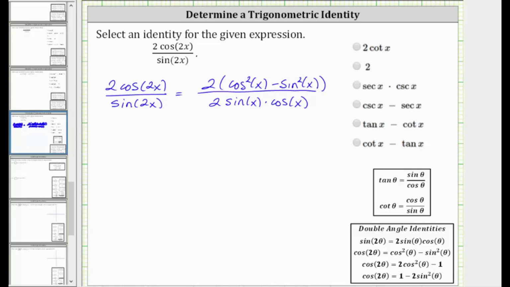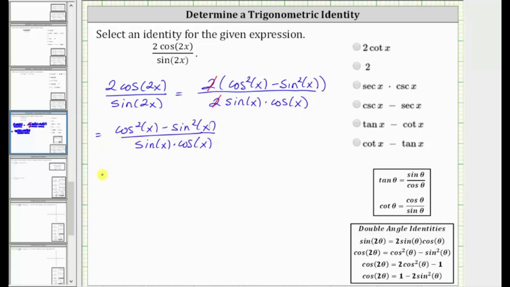We'll notice how 2 divided by 2 simplifies to 1, giving us the quantity cosine squared x minus sine squared x divided by sine x cosine x. From here, because we have a difference in the numerator, let's write this as two fractions and then simplify the two fractions.